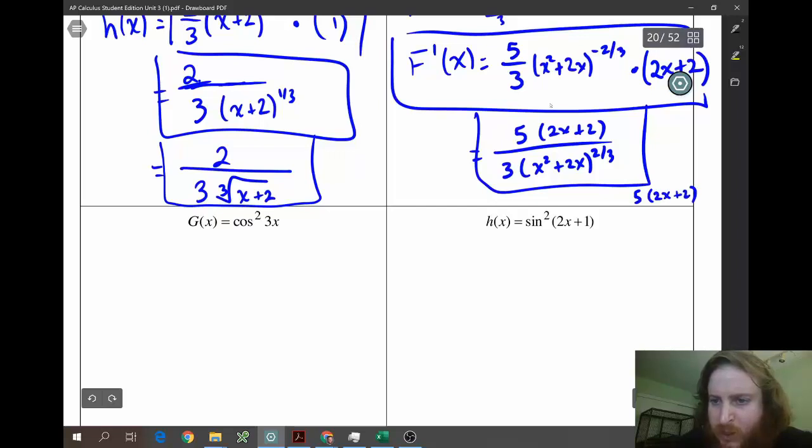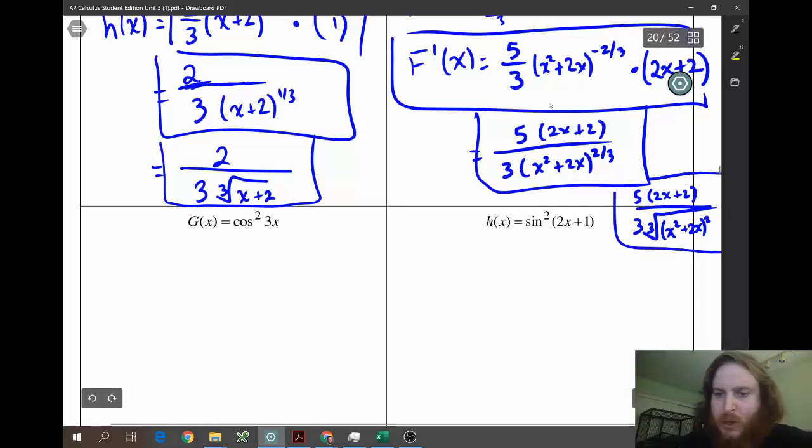You'd even multiply out the numerator and make it 10x plus 10, over 3 times the cube root, because the 3, the denominator, is going to go to the root part, and in parentheses, x squared plus 2x squared. So that would also get full credit. So any of those 3 would get full credit.